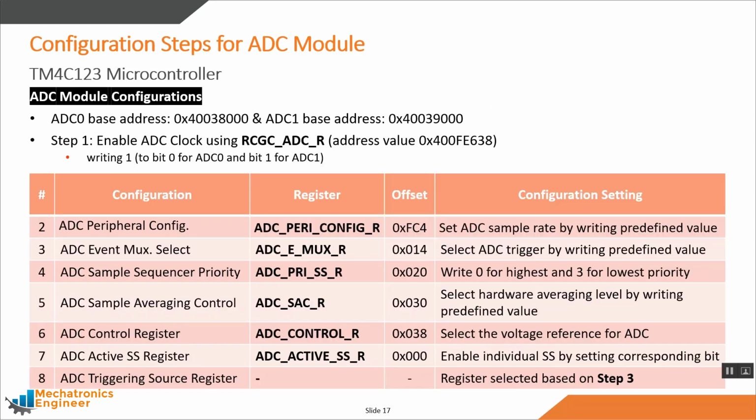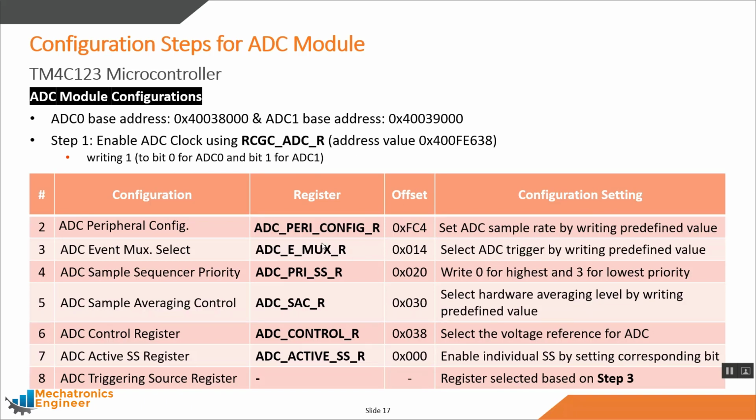So this is the summary of the configuration steps that are required for configuring an ADC module. For all these registers, we have their offset values. We can calculate their address by adding these offset values to the base address of the ADC that we will be using.